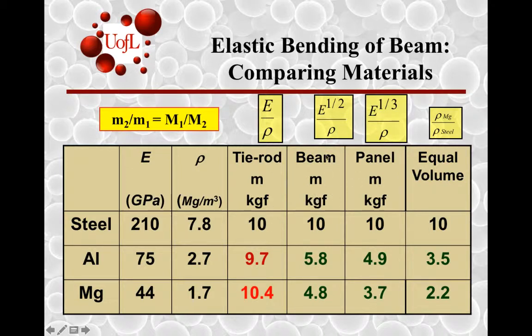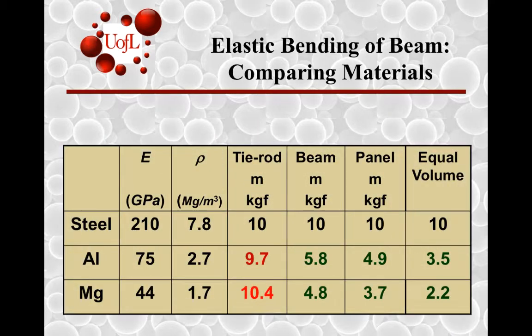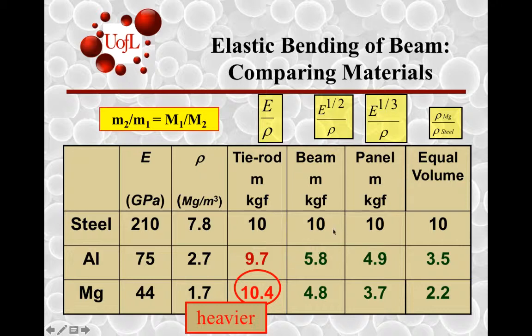However, if you built a beam now that was originally from steel and weighed about 10 kilogram force, then based on this ratio over here of M1 divided by M2, which is roughly 0.6, and M1 over M2, which is roughly 0.5, you end up having the mass to be about 6 kilogram force, or 4.8, compared to 10 kilogram force.